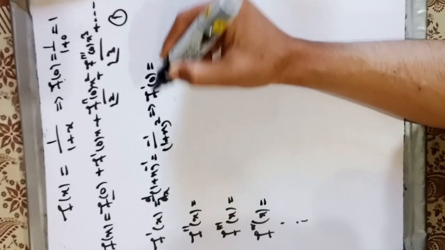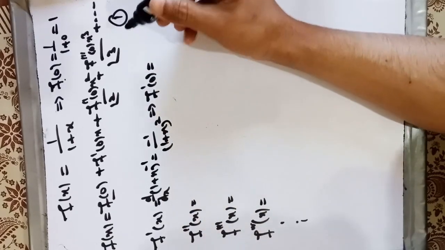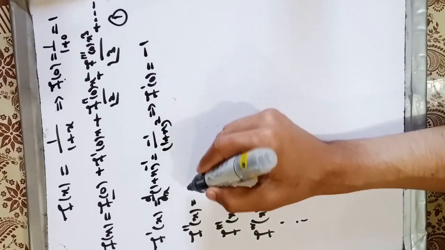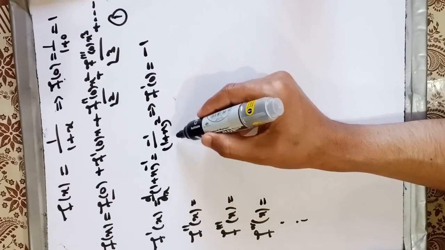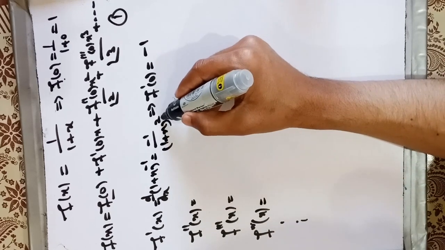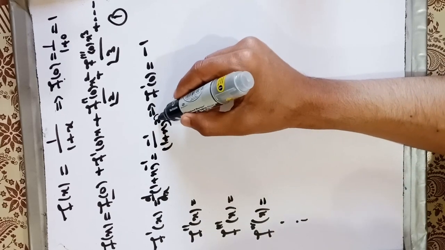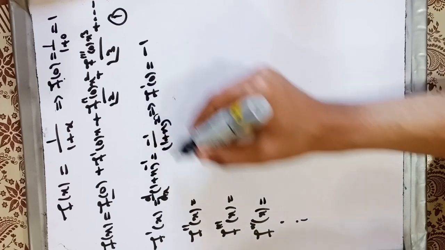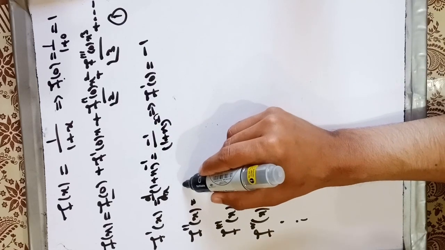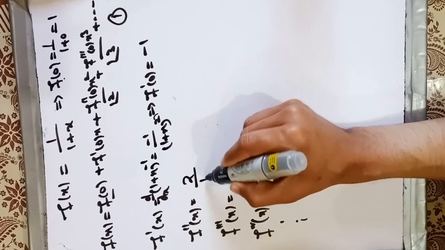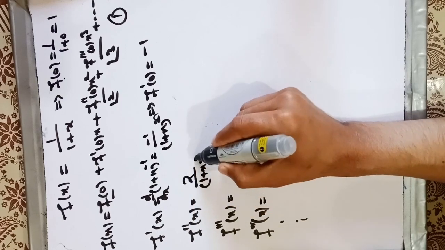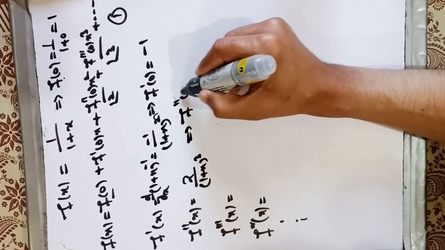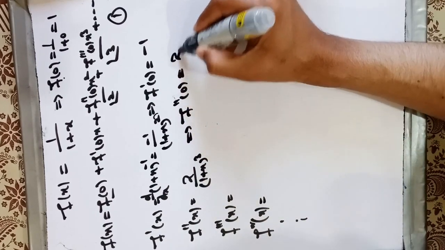So when x is 0, 1 to the power square is already known, the answer will be minus 1. Then again we differentiate, the denominator power 2 goes to the numerator, and minus 2 will be at the start. So we get 2 over 1 plus x cube. So that will give us f double prime at 0 is equal to 2.